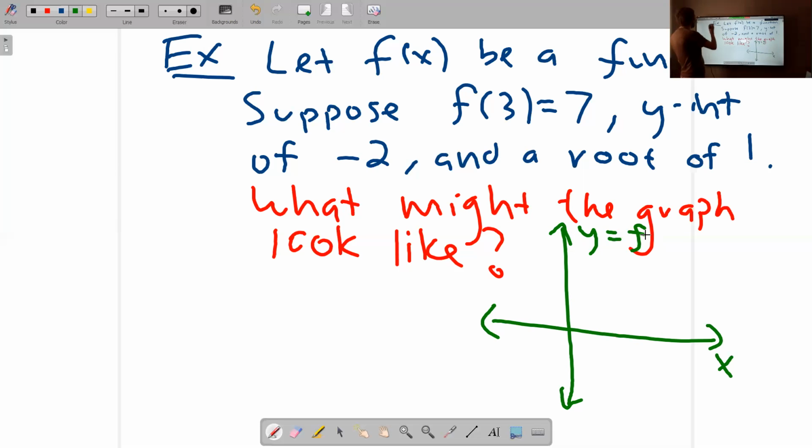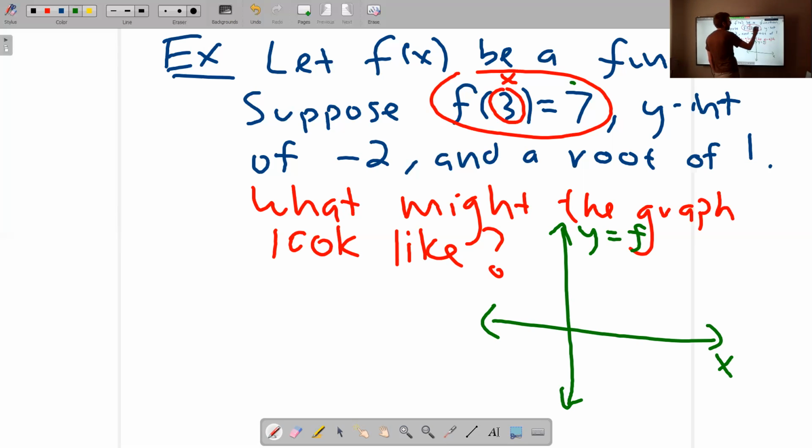And so let me talk about how you can kind of decode this statement right here. This statement, of course, is f of x. This is the x value, this is the x right there. And this right here is the output to the function.